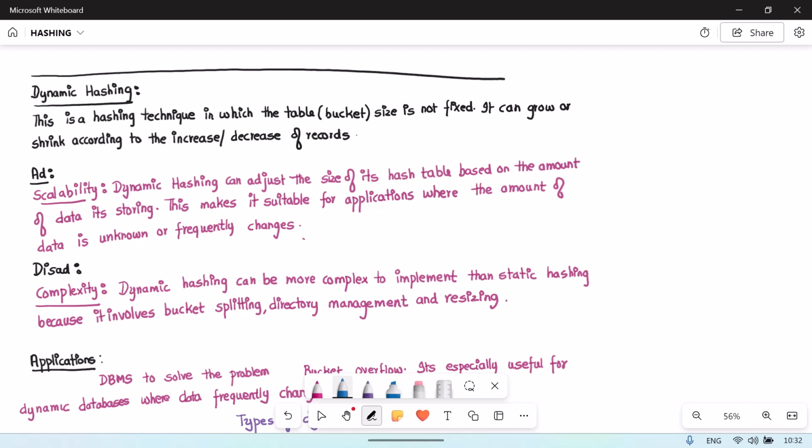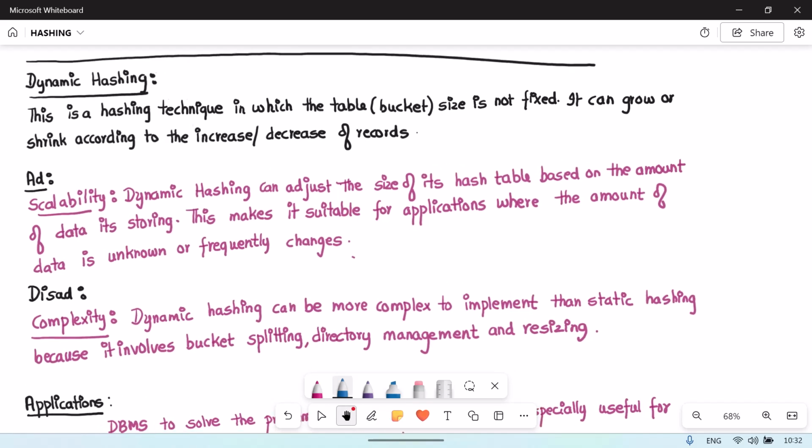So what is the advantage? Obviously, it is scalable. Dynamic hashing can adjust the size of its hash table based on the amount of data it is storing. This makes it suitable for applications where the amount of data is unknown or frequently changing.